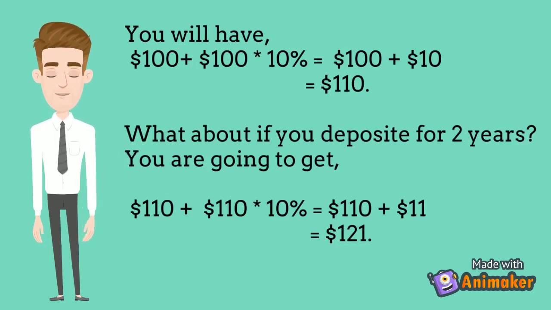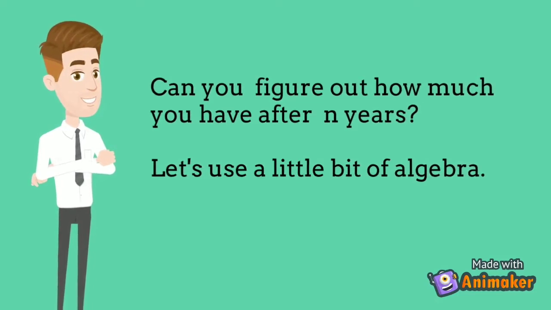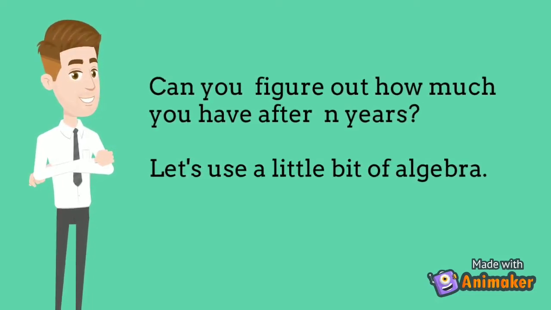That means you are going to get 110 plus 110 times 10%, which is equal to 110 plus 11. Then you get 121. Now, can you figure out how much you have after n years? In this case, we have to use a little bit of algebra.